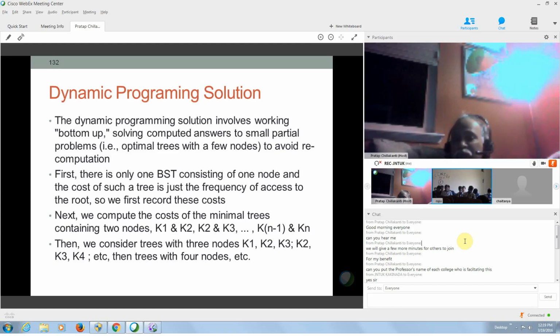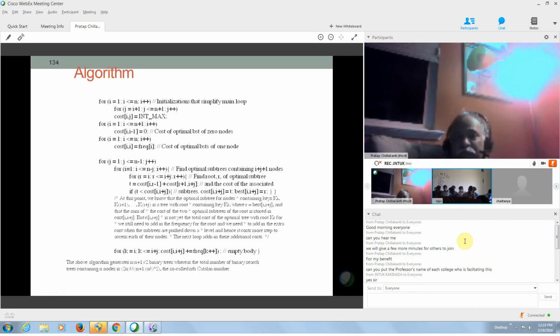Then you compute the cost by combining three nodes: K1, K2, K3, then K2, K3, K4, like that, all the way till Kn. Once you know the cost of all of those, you know how to rearrange the tree to give you the optimal solution. Here is a big algorithm for that we did. We are not going to cover that now.